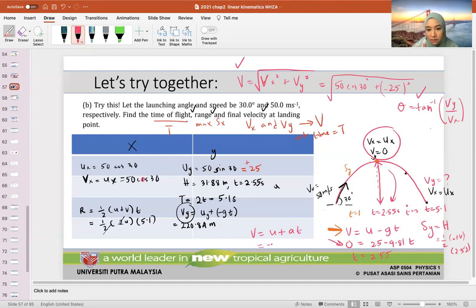So U is 25, minus 9.81 times 5.1. So the V is something that we want to find. So it becomes minus 25. So that is what we got for our VY.